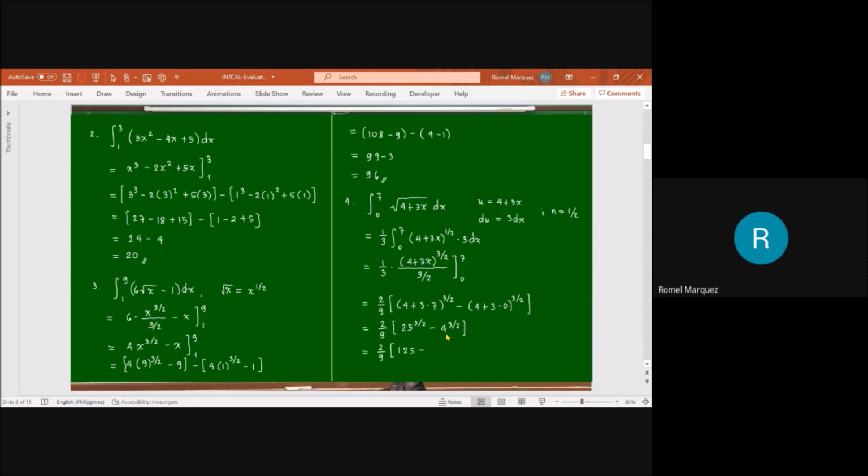The square root is 2, cube it, 8. So when simplified, 125 minus 8 is 117, divided by 9 times 2, and that gives us 26.